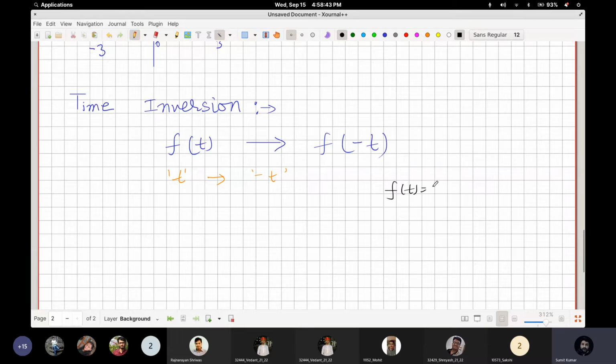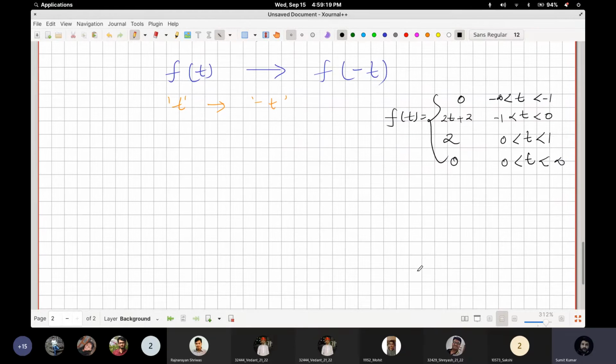So f of t is 0 between t equals minus infinity to -1, then it is equal to 2t plus 2 between t equals -1 to 0, then after that it is equal to 2 between 0 to 1, and then after that it is again equal to 0 between 1 to infinity, right?